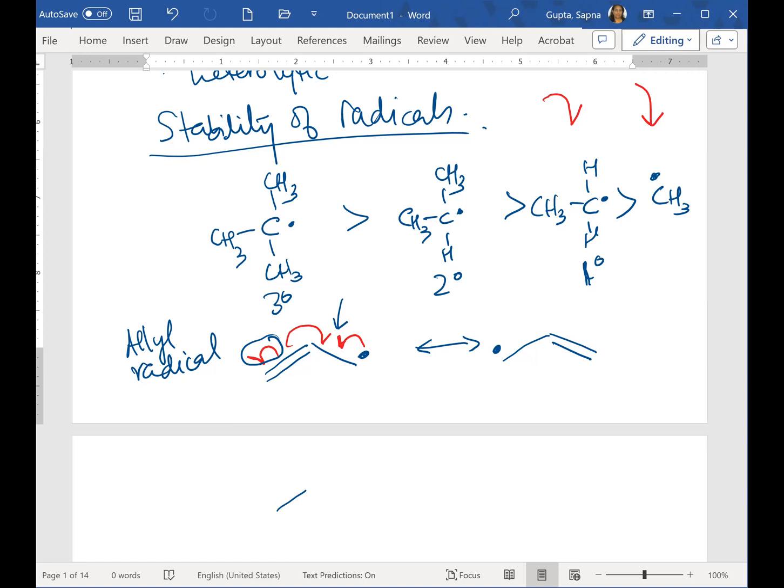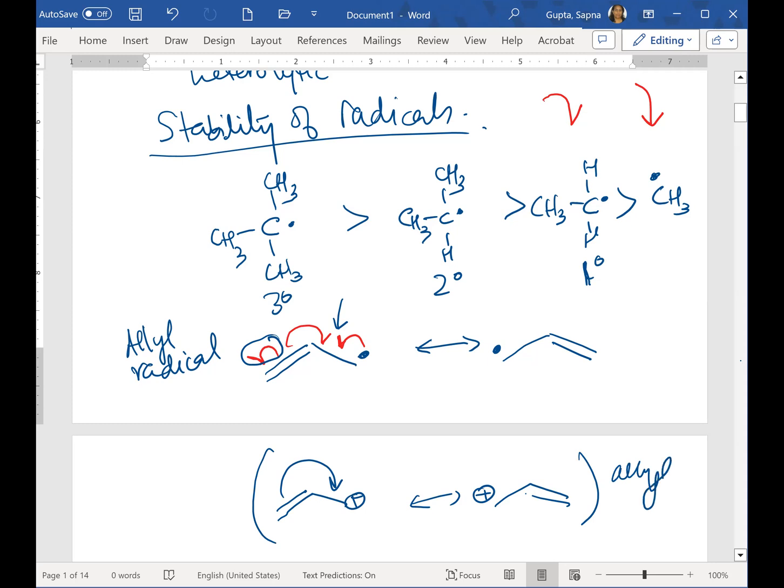And if you remember, the allyl cation was the same way. If we had the cation, we'd just be moving 2 electrons. And so we will have something like this, okay? Except in this case, we're just moving a single electron. And so when you move a single electron, the arrows look a little bit different, okay? But this would be for the allyl cation. Oops, my writing is really fantastic today.